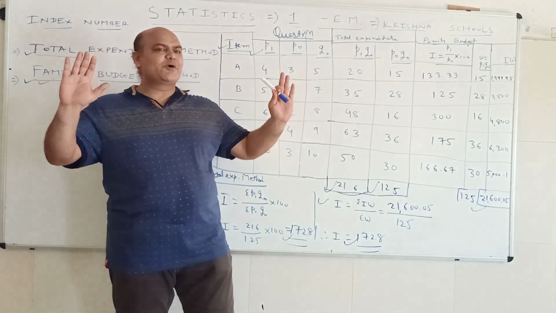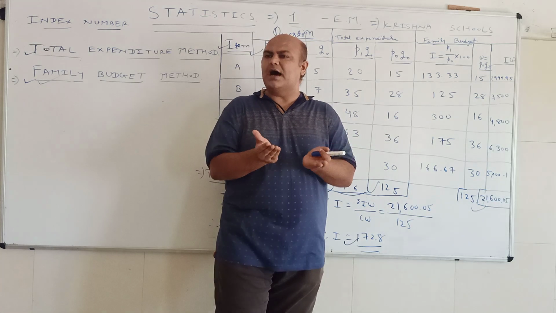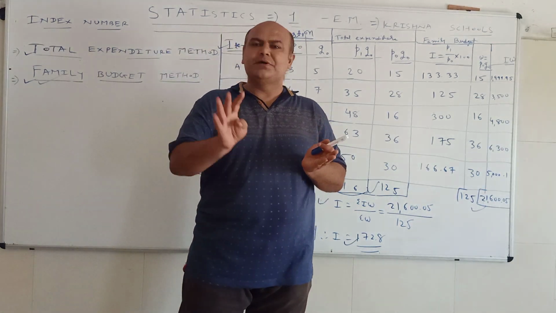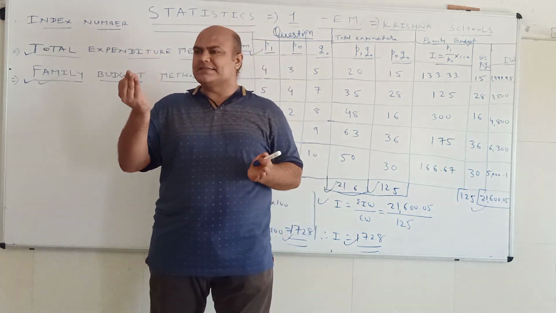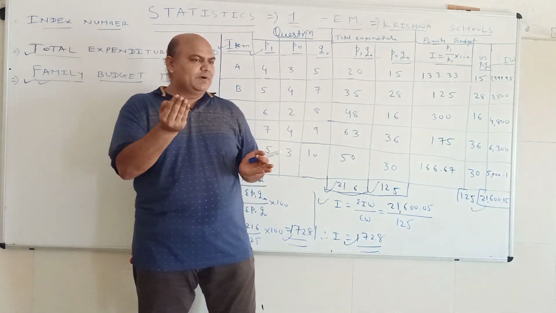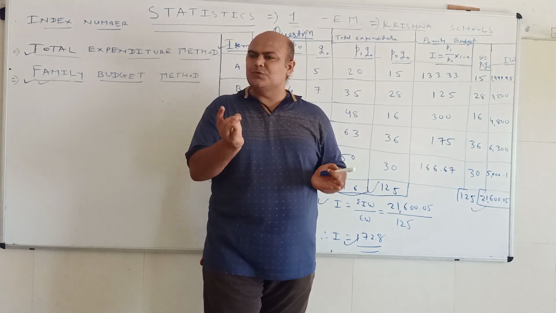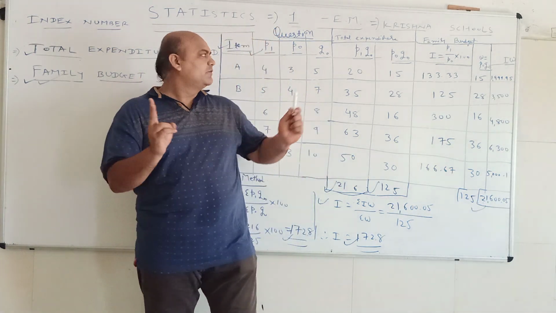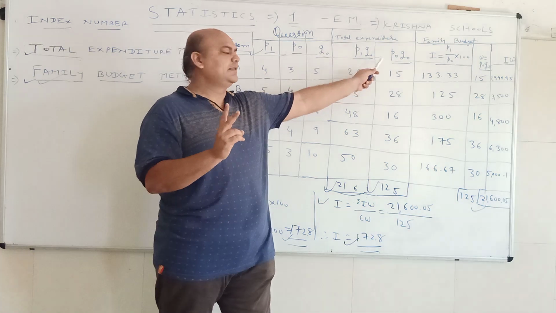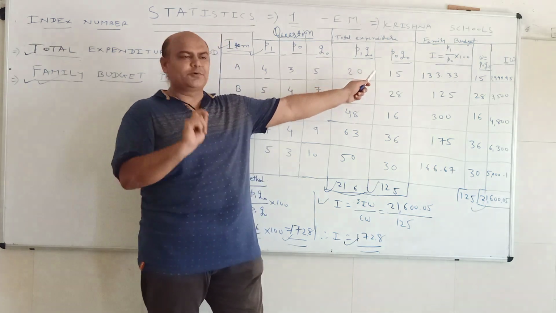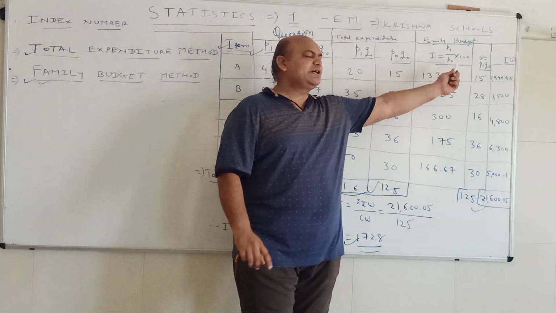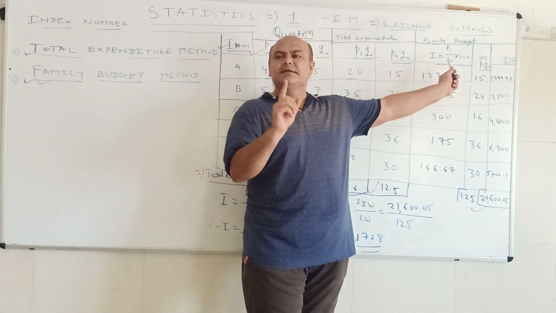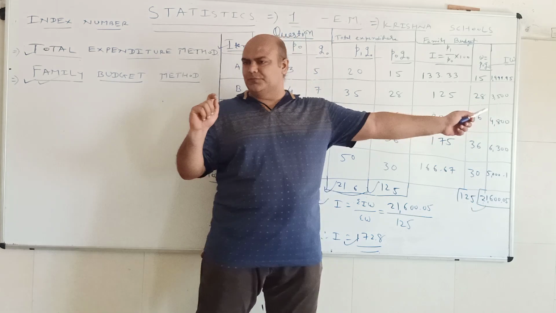So, in a quick repeat, as we did in the class, in all the lectures, they provide in question 4 columns: item, P1, P0 and Q0. We have to prepare additional 2 columns for total expenditure method, that is P1 Q0, P0 Q0. For family budget, we have to prepare additional 3 columns, that is I, W and IW.